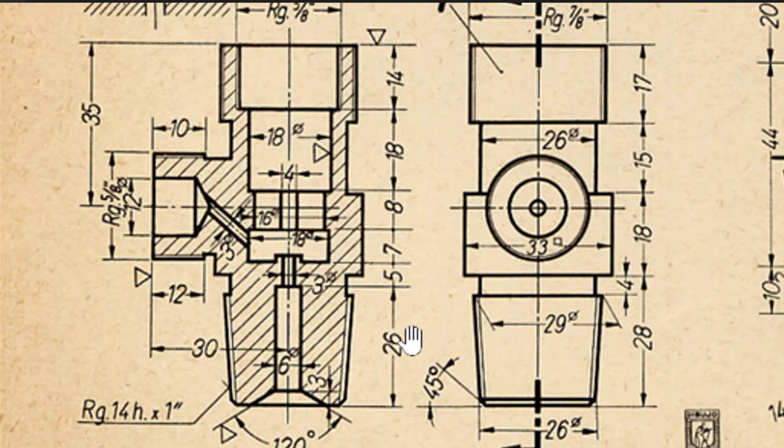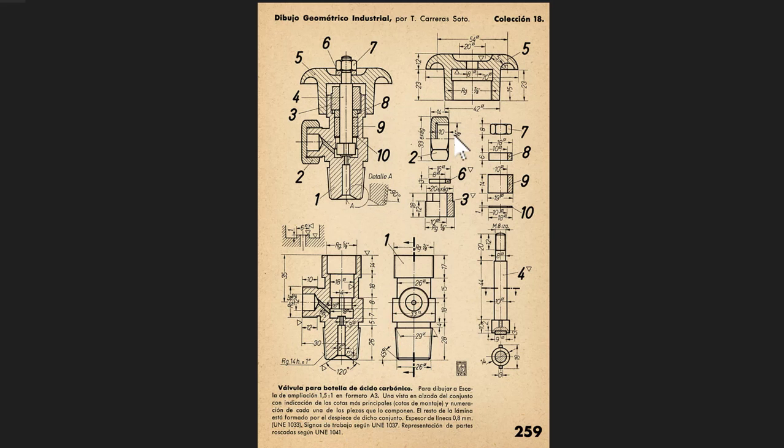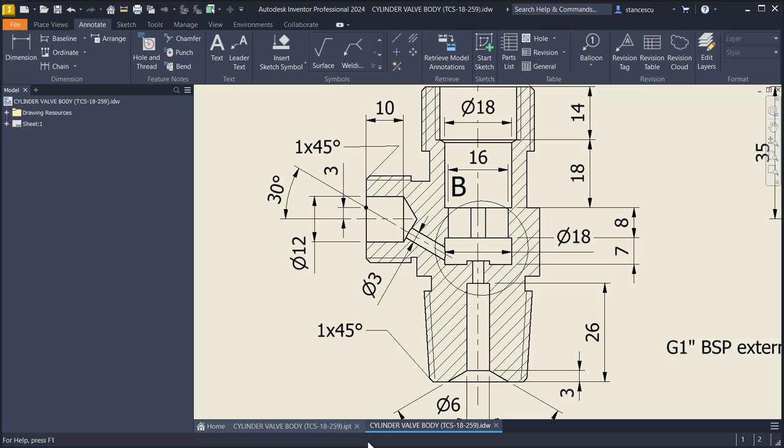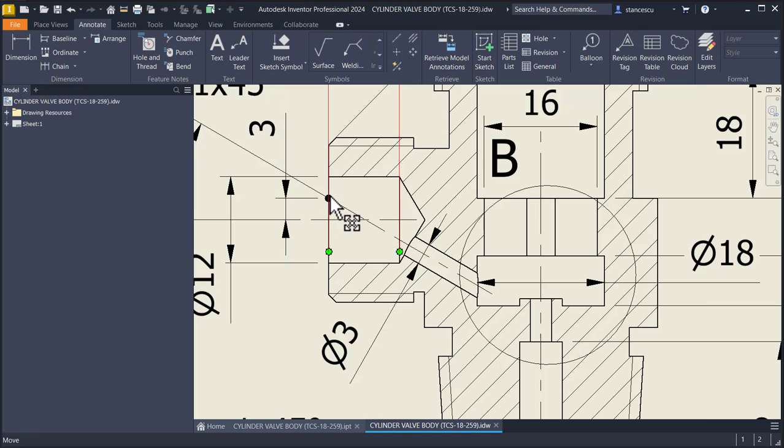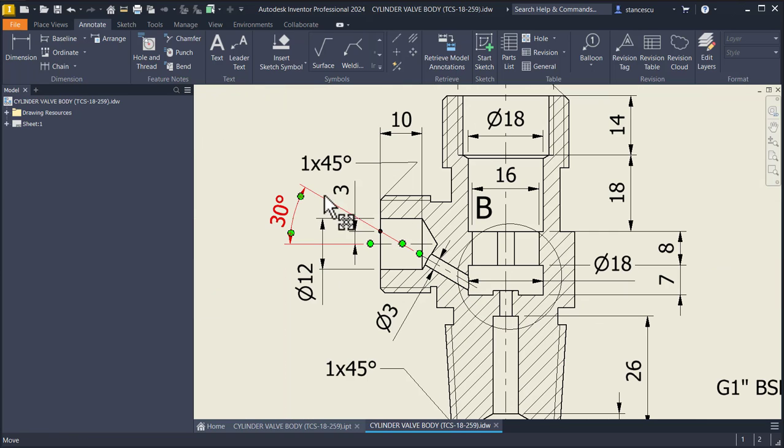This is why I changed the solution by placing these dimensions, 3 from the axis and 30 degrees. The problem is to communicate between this chamber and this chamber. Not important where is placed this hole, but you have to manufacture it.